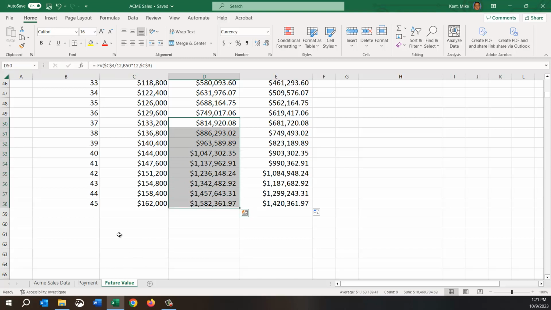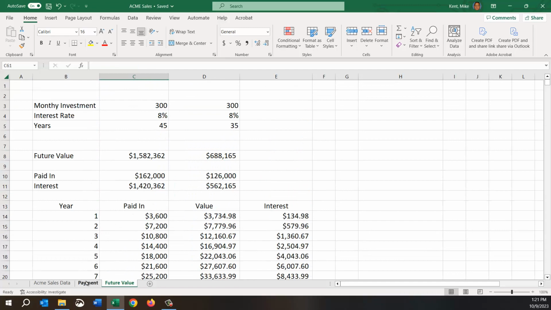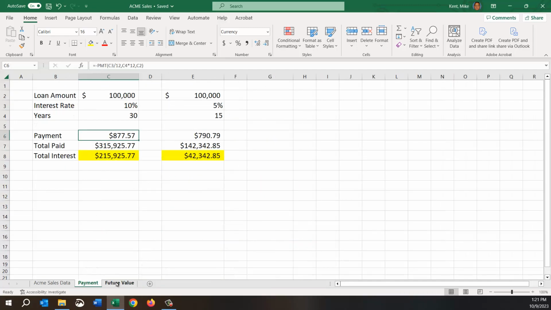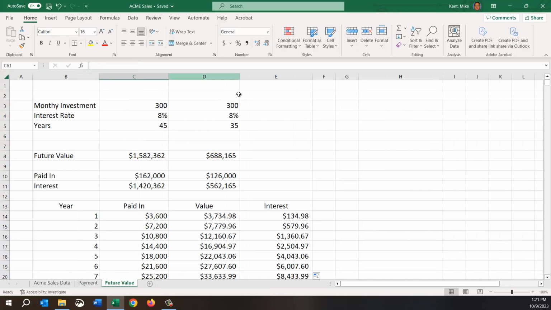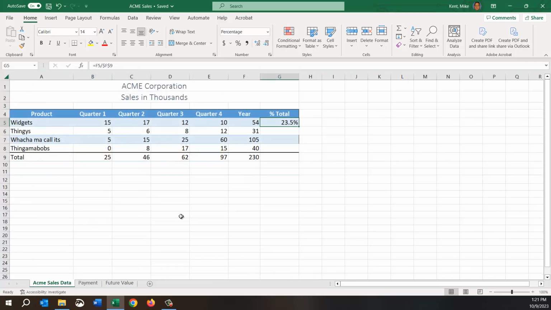Now, you don't do future value in chapter 2, but to me it's a kissing cousin function to payment. And I just want to show you how future value works for investment purposes. But what you're going to see in chapter 2 is absolute versus relative cell references.